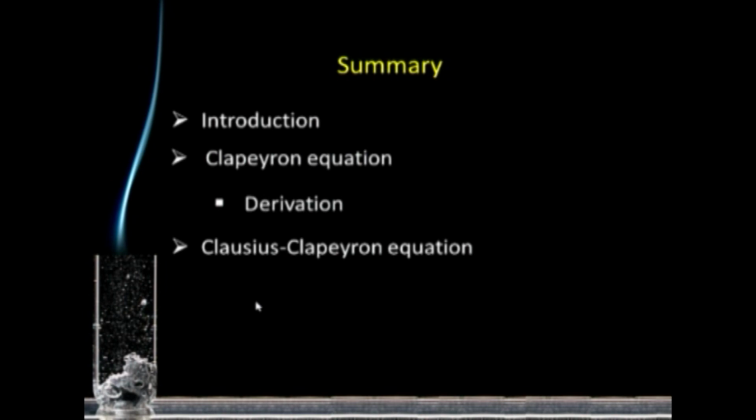We extended the arguments to derive Clausius-Clapeyron equation from Clapeyron equation. The derivation is carried out, and finally we looked at some of the applications of Clausius-Clapeyron equation. And while studying the phase equilibrium, you will know the importance of Clausius-Clapeyron equation.